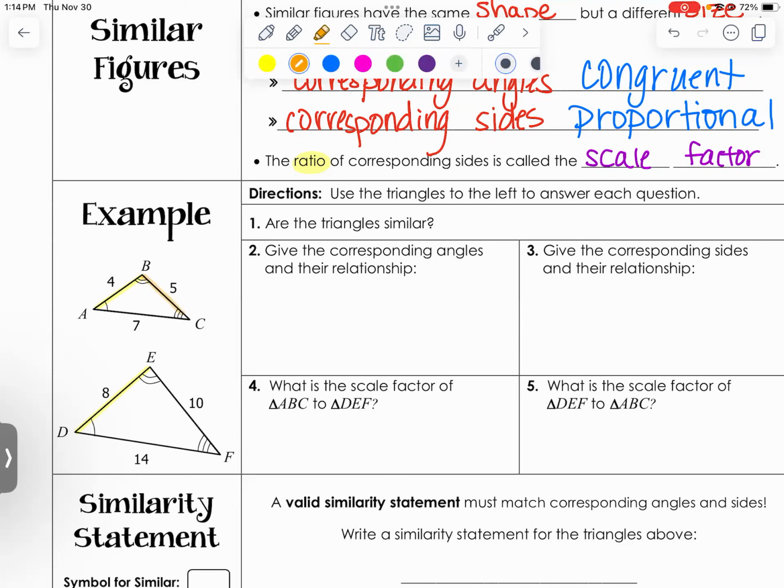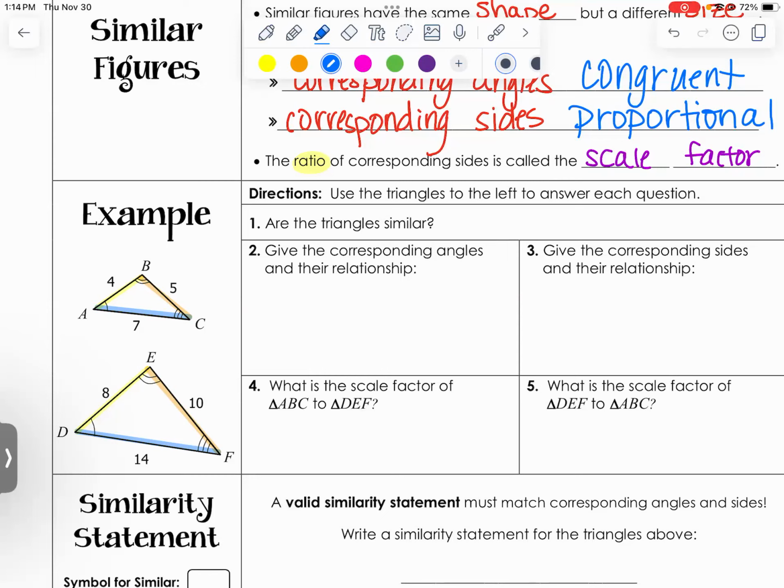I'm going to highlight BC orange. What side in this other triangle corresponds with BC? EF. How do you know that? Notice how B has the 2 swoops and C has the 3 swoops. So we know B and E correspond, C and F correspond. So that side in between has to.